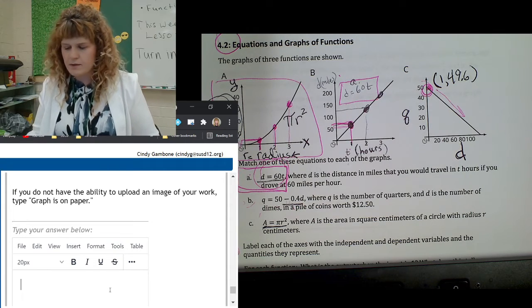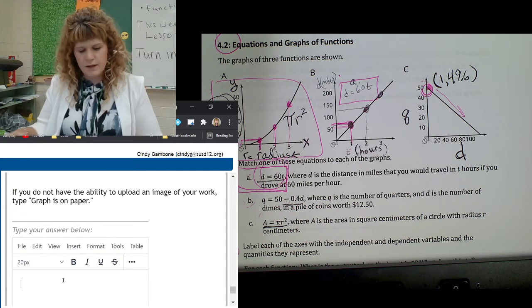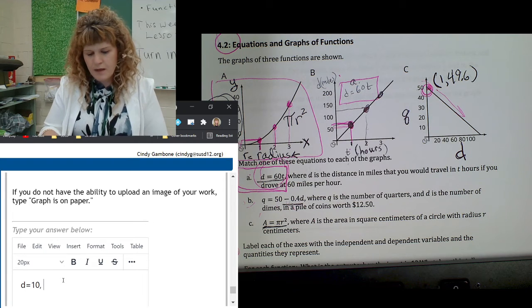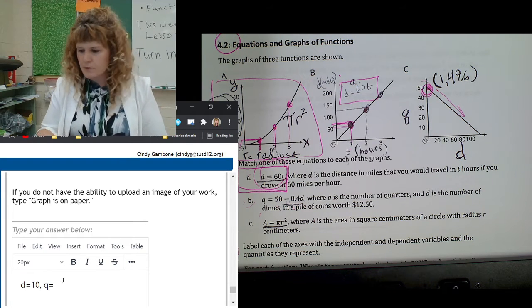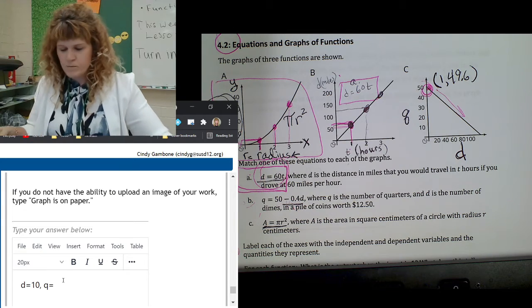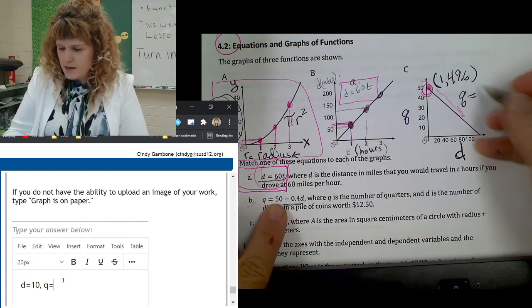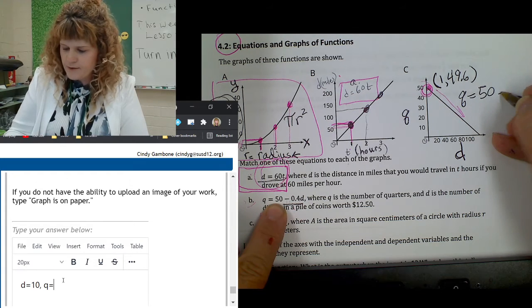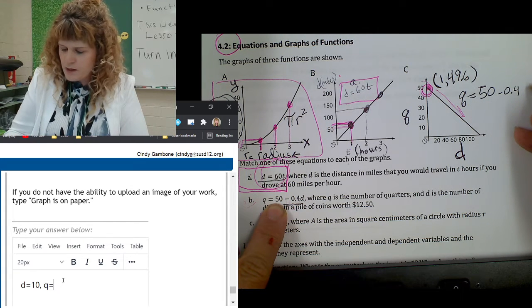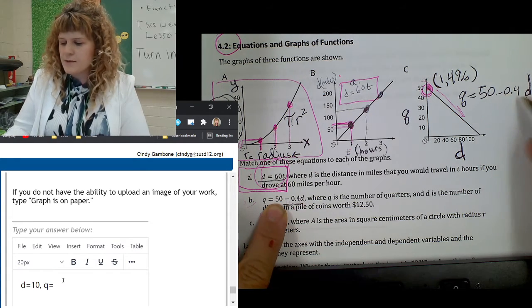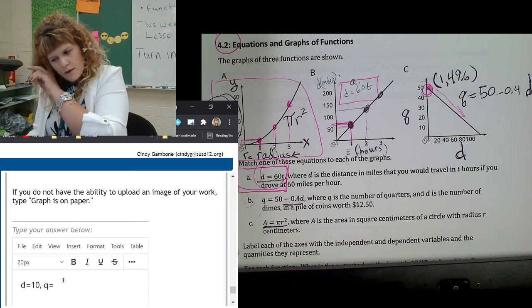Okay, so if D equals 10, then Q equals 50 minus 0.4D, because this one I actually have to do the math. So if D equals 10, then that's minus 4. 50 minus 4 is 46.